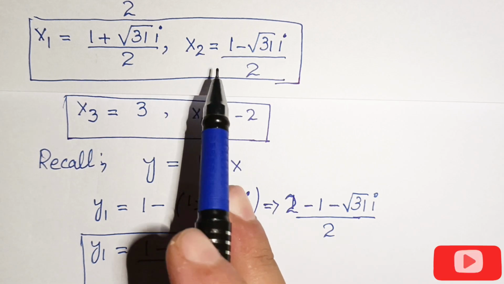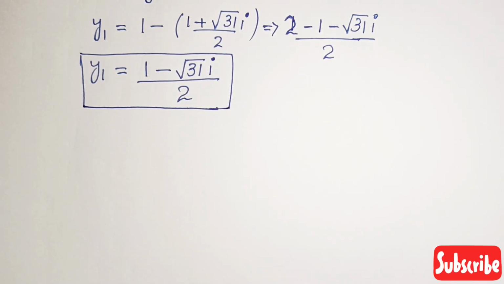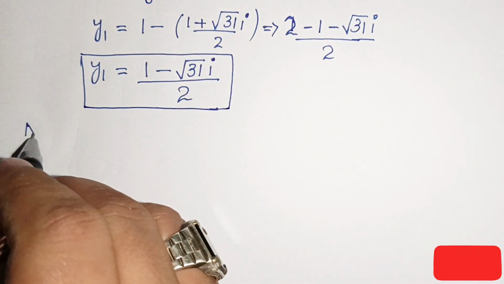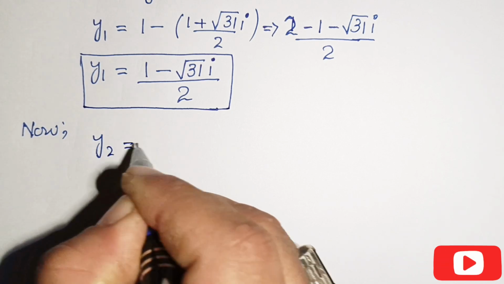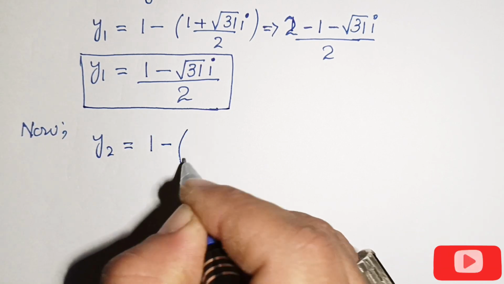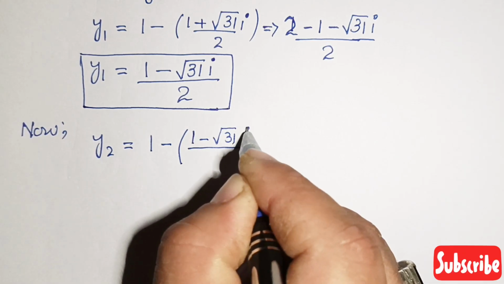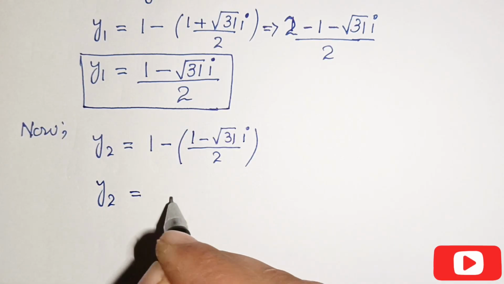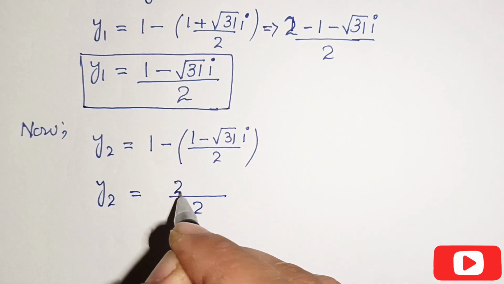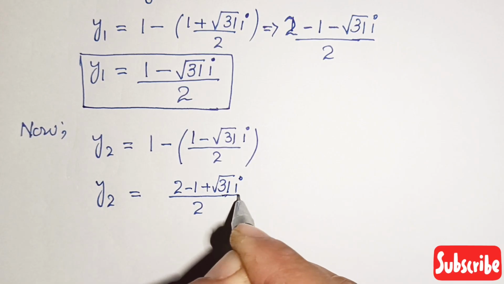Similarly, we are going to find the value of y2. y2 is equal to 1 minus x2, and x2 is 1 minus square root of 31i over 2. So y2 is equal to, taking 2 as the LCM, we get 2 minus 1 plus square root of 31i.